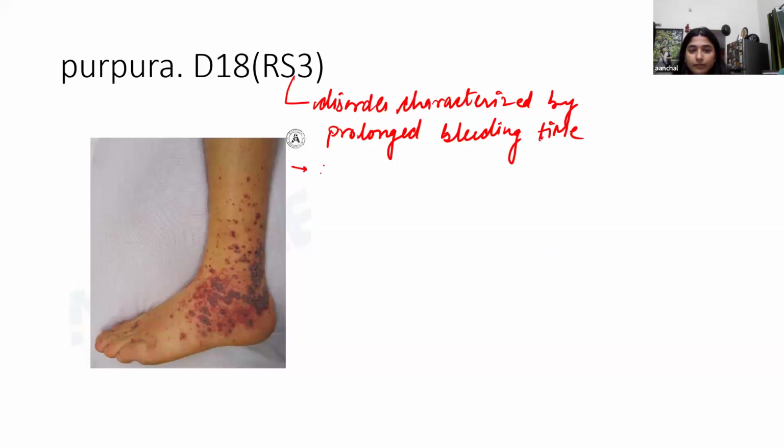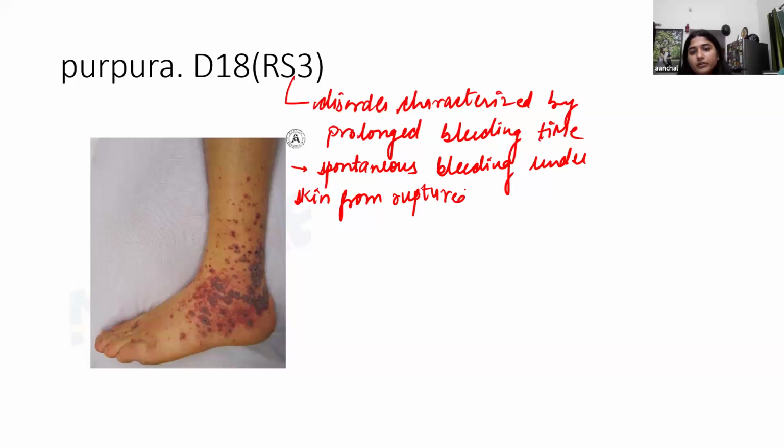there will be spontaneous bleeding under the skin from ruptured capillaries. It causes small, teeny hemorrhagic spots like this, as we can see.